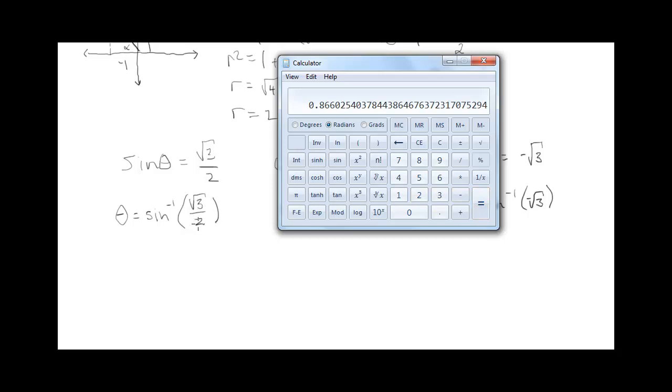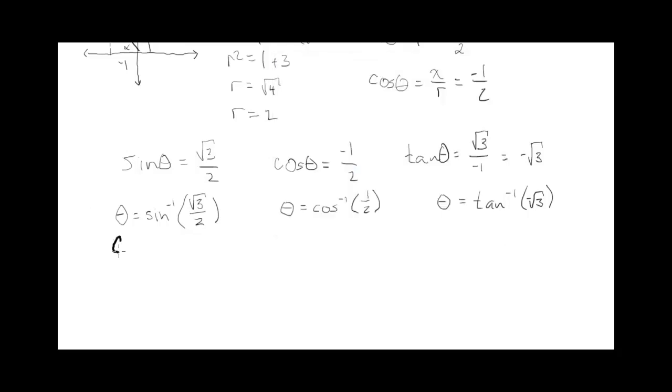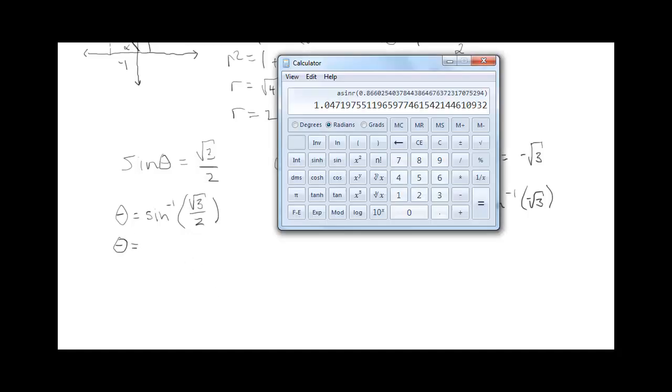So this here is equal to 0.86, and now I'm going to take the inverse sine. So I get theta is equal to 1.047.